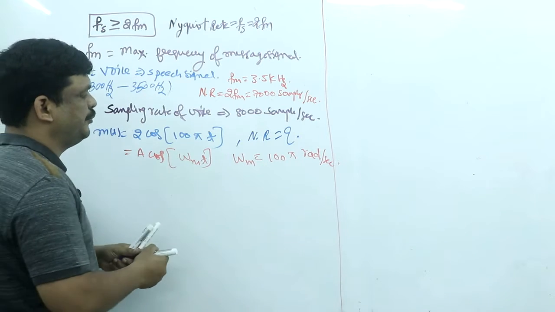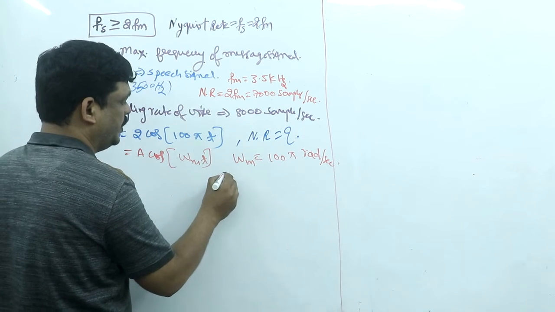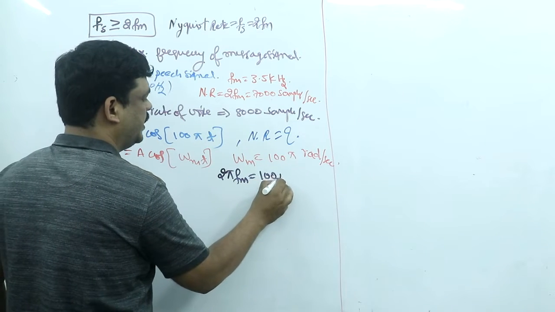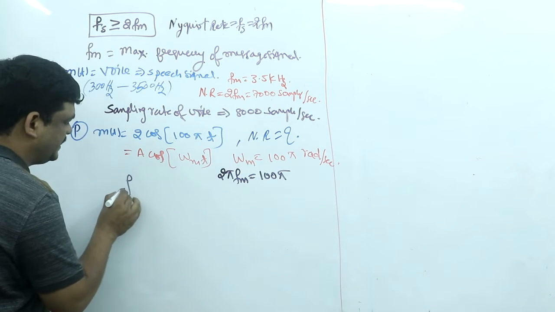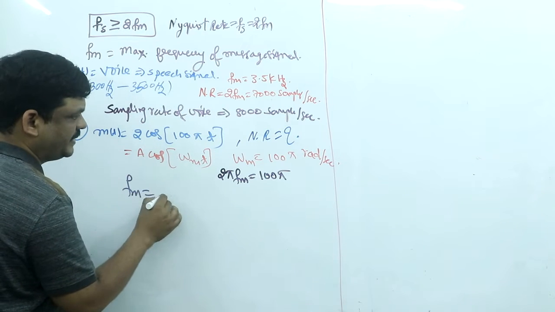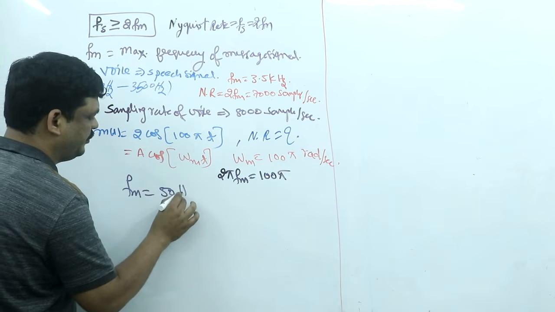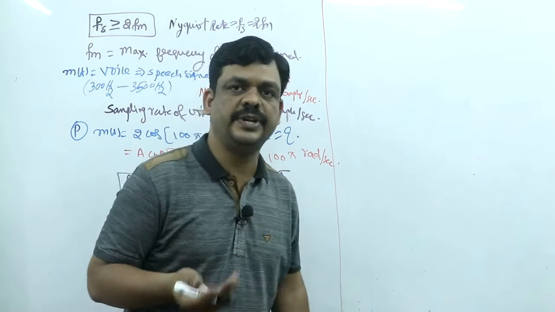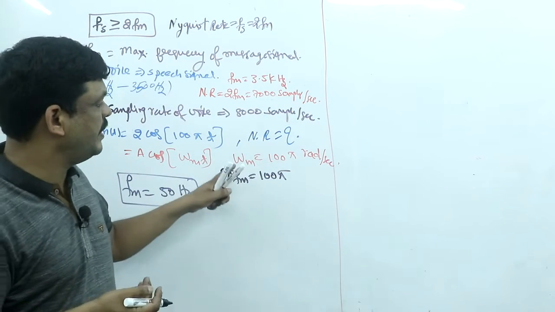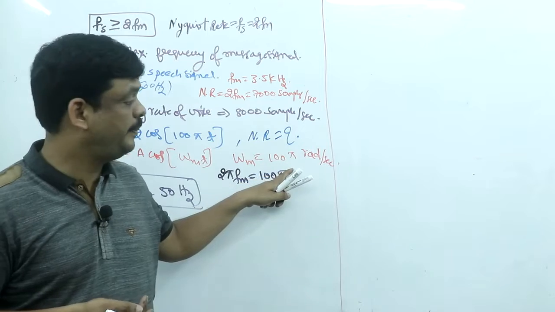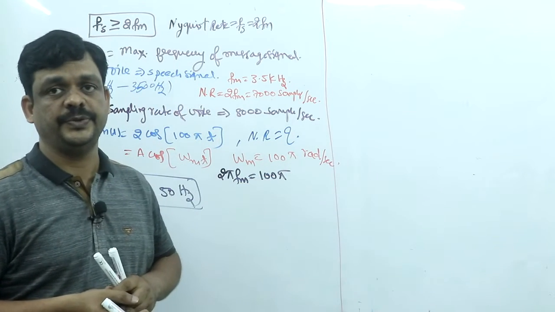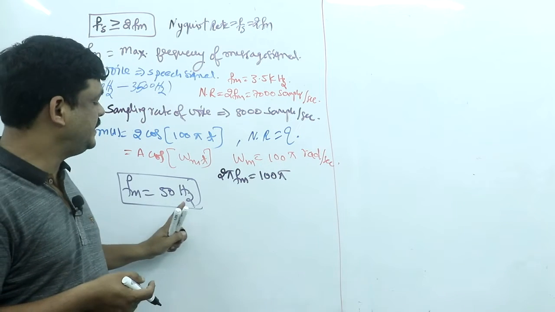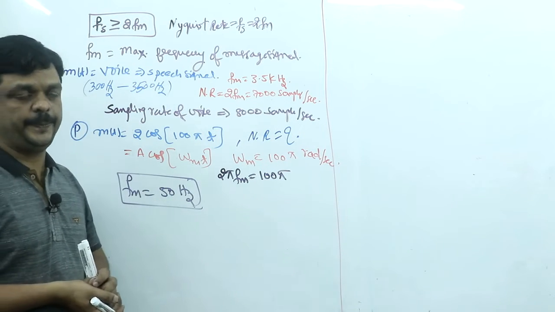Then 2 pi into Fm is 100 pi, so the maximum frequency of the modulating signal is 50 hertz. The maximum angular frequency is 100 pi radians per second, and in terms of hertz it is 50.